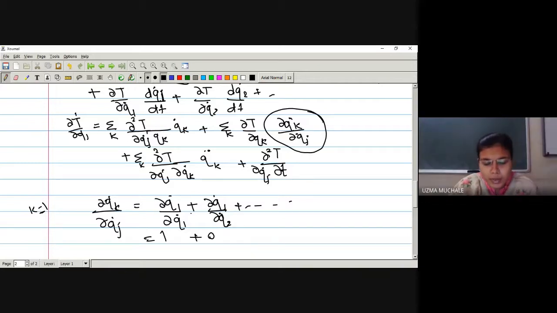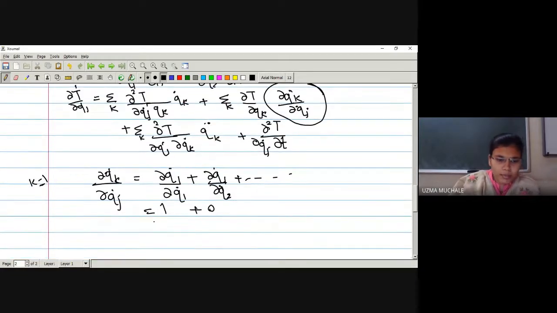When evaluating the partial derivative, we keep the first variable as it is and evaluate the second variable, so at that time it will be 0. In this term, ∂qk dot by ∂qj dot, summation over j and k is written. Here first we have found it for k equal to 1. Similarly, we can find it for k equal to 2 and run the summation for j.